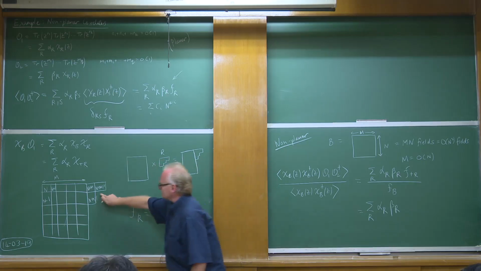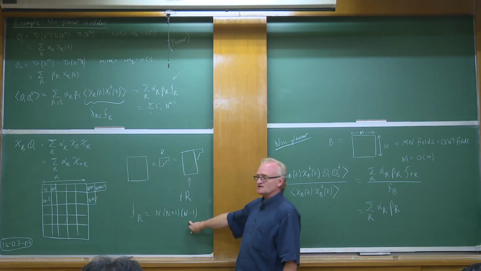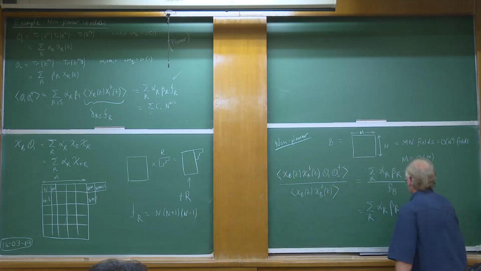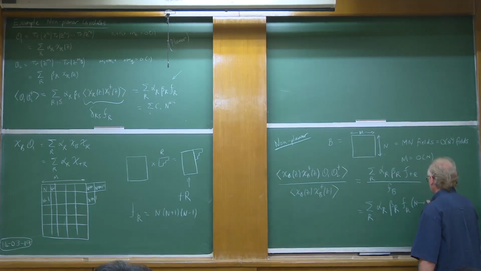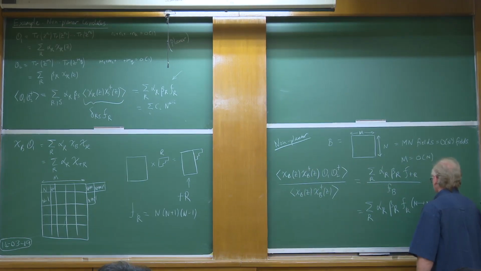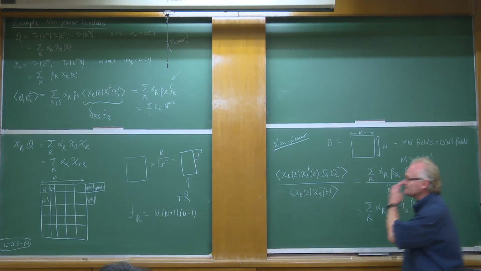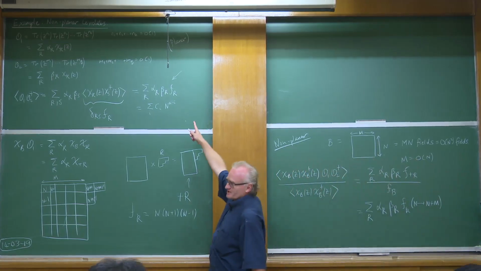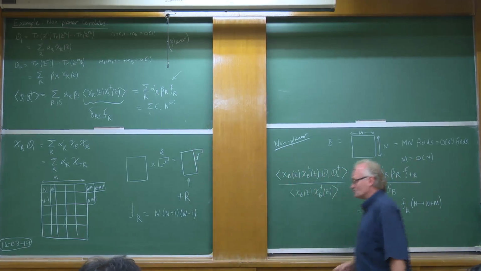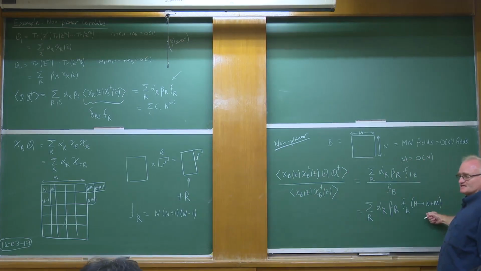So this product of numbers is exactly the same as that one, except we replace n by n plus m. So if you compare what we got in the planar limit to what we got here, it's exactly the same except for that replacement of n going into n plus m.